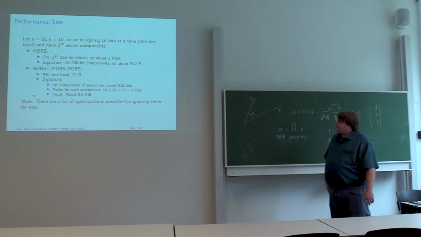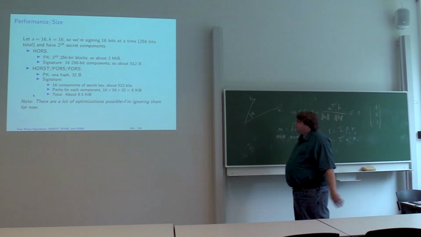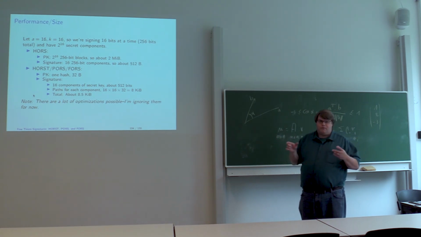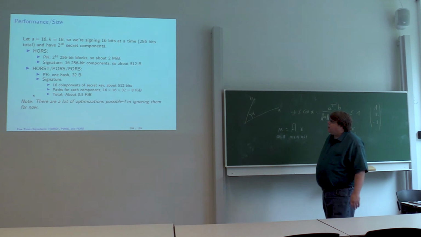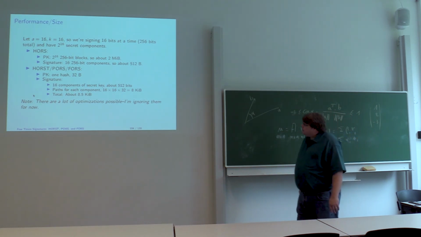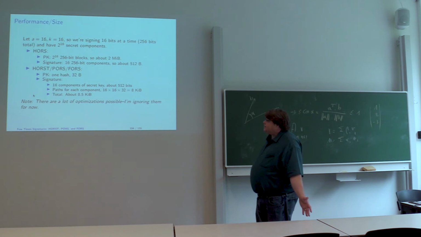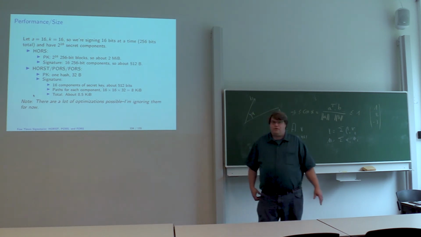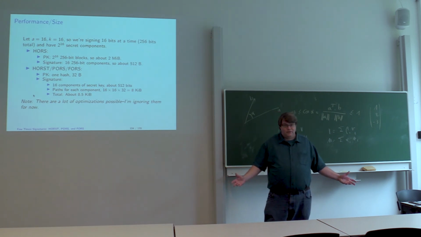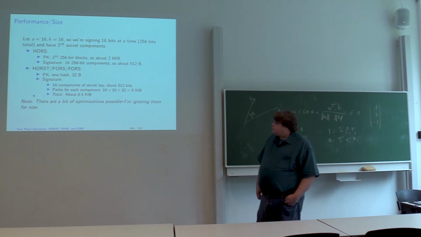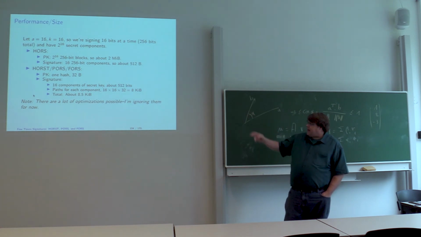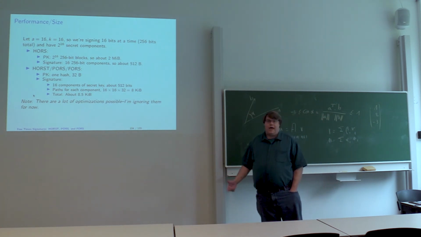And so you can kind of look at this. I've chosen parameters that aren't the parameters people actually use; they tweak these parameters to get the best performance possible. With the HORS scheme, using my parameters, a public key is about 2 megabytes and a signature is 512 bytes. With HORST, PORS, and FORS, the signature is about 8.5 kilobytes and the public key is 1 hash.